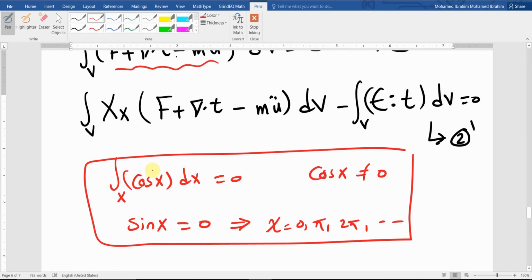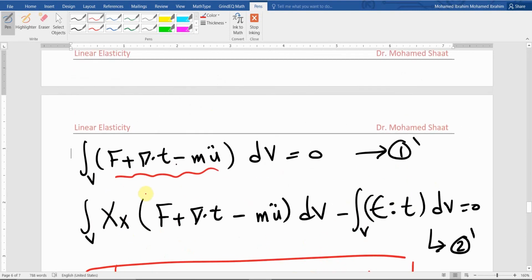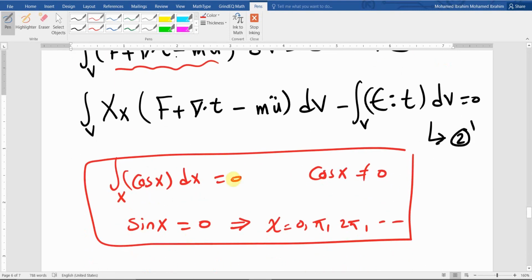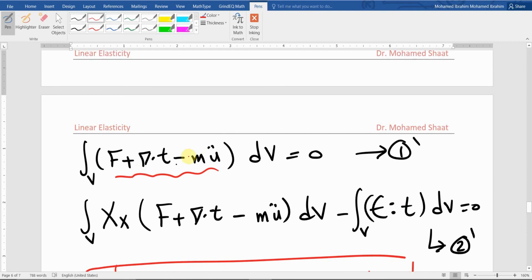You got my point? In classical mechanics, the equilibrium, or the sum of these three forces all together, is equal to 0. That's why their integral over the volume is already 0. Make sense?